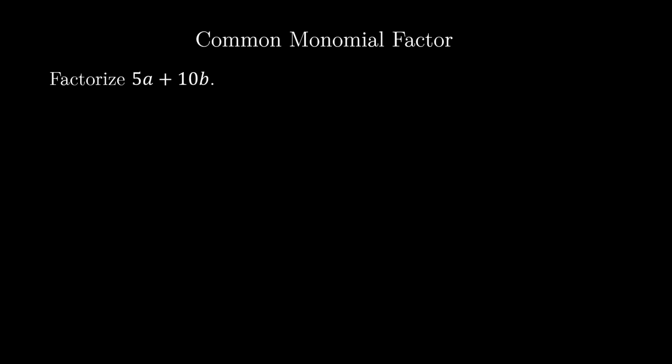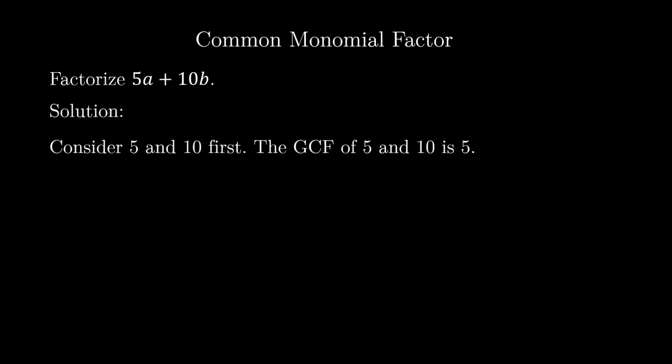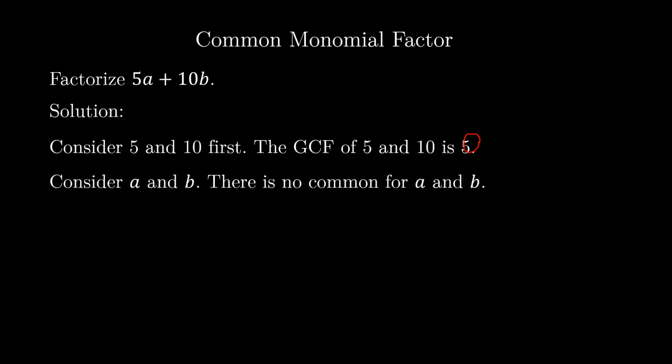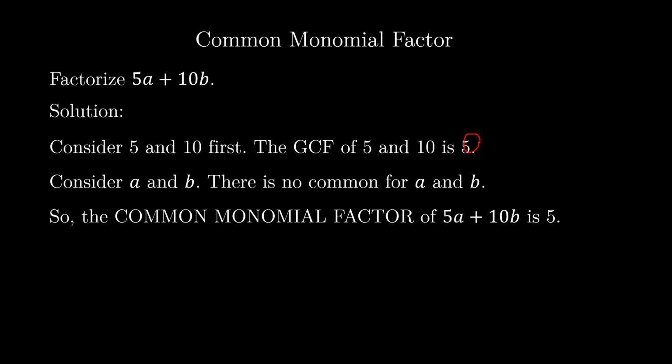First, let's consider 5 and 10. What is the GCF of 5 and 10? That is 5. Then after that, we consider the a and b. But there is no common factor for a and b. So the common monomial factor of 5a plus 10b is simply 5.